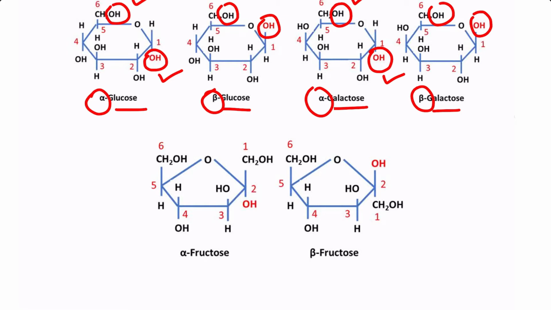So this is in beta configuration. So in alpha configuration, the C1 position contains the OH group and the C6 position contains the OH group, and these two OH groups are placed on opposite sides, and in beta configuration, these two OH are placed on the same side.